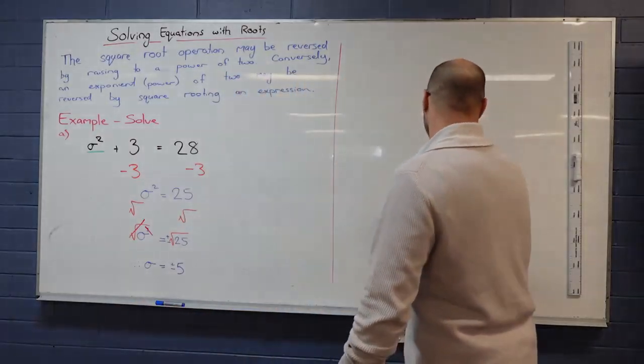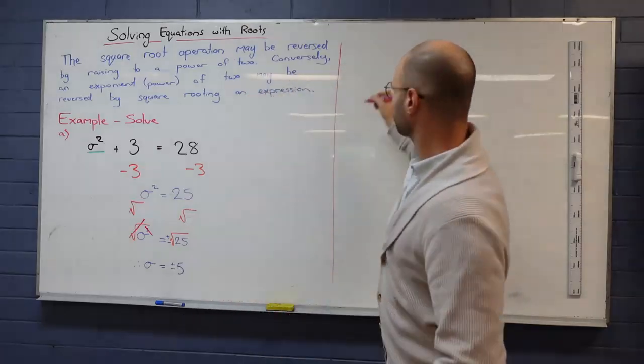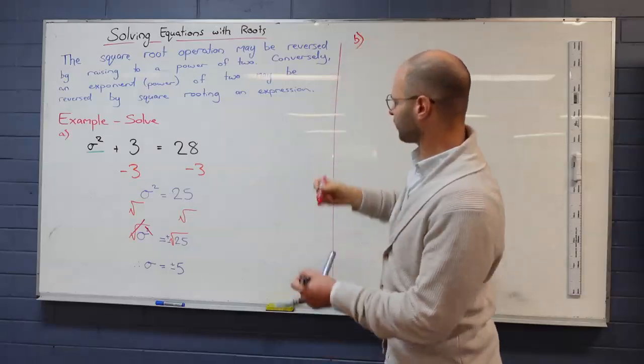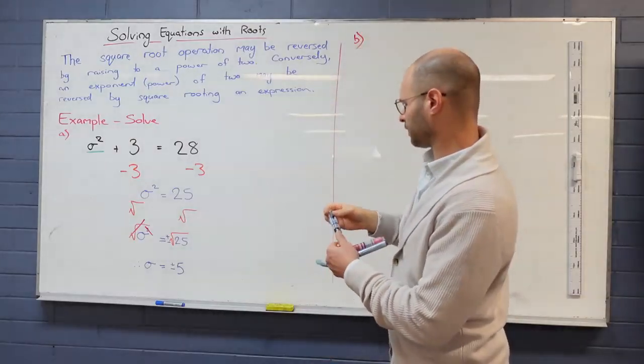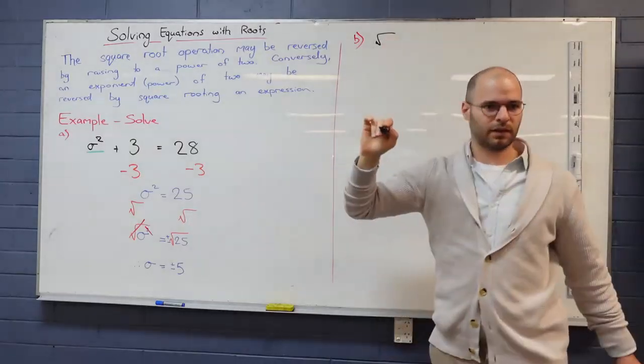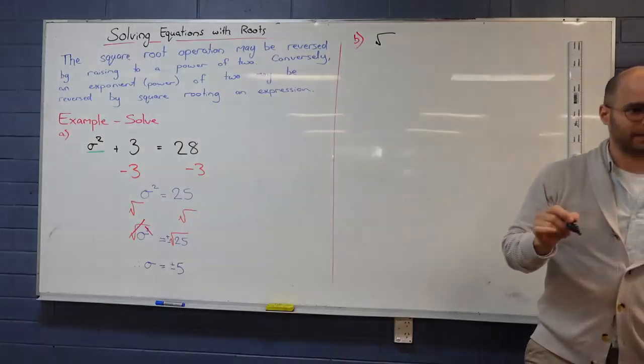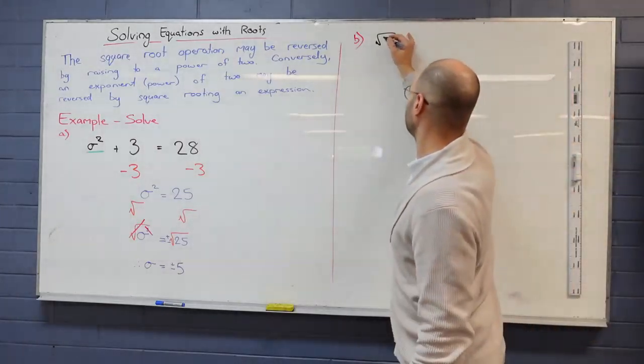Next degree of complexity we could have. We could have, for example, the square root of x plus 6 equals 3.